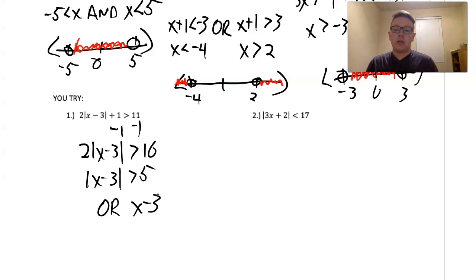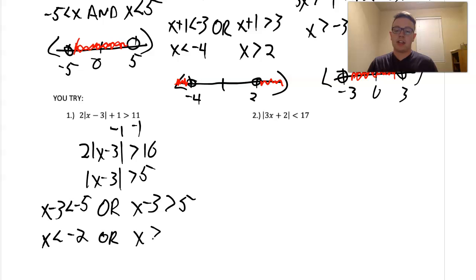So when it's or, we want it to be bigger than the big number and smaller than the small number. Right? So we want it to be on the left-hand side of the negative and the right-hand side of the positive. Now we're going to solve. We're adding 3. We get x is less than negative 2, or x is greater than 8.